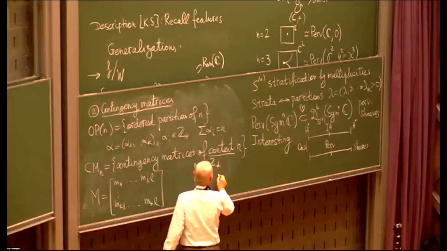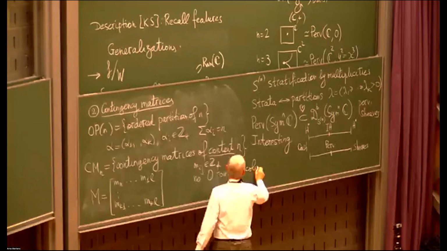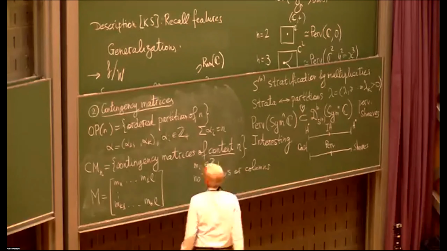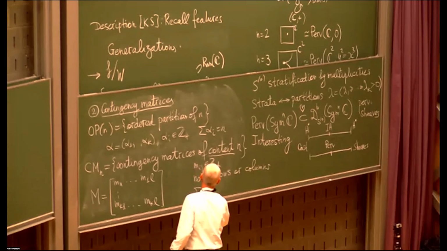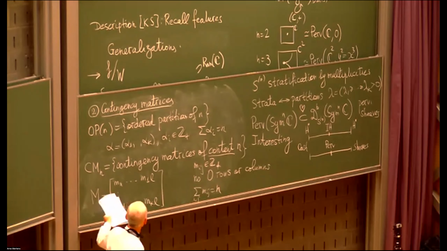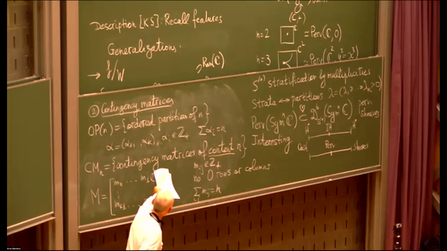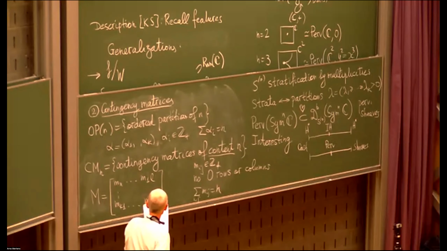No zero rows or columns. And the sum of Mij, the content, means that the sum of Mij over all i and j equals n. But instead of summing all of them, I can sum them in rows and get a number for each row, and I can sum them in columns and get a number for each column.